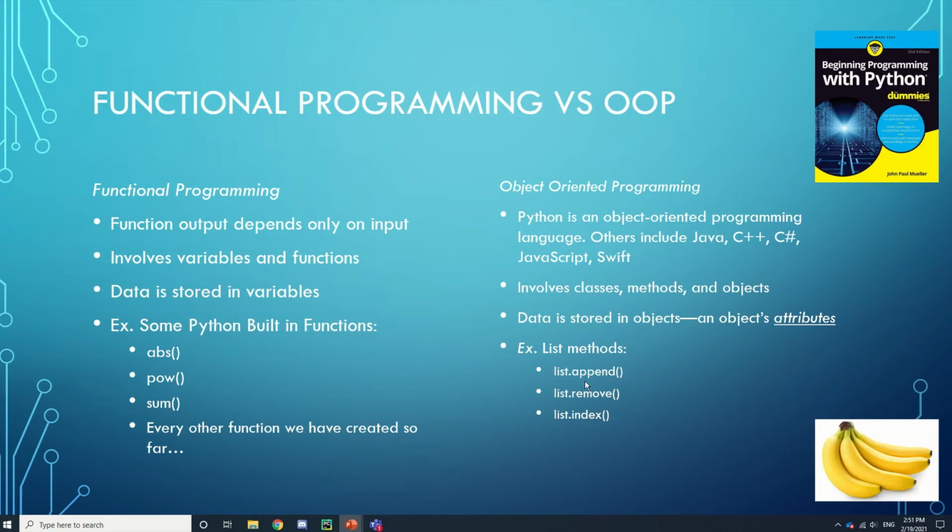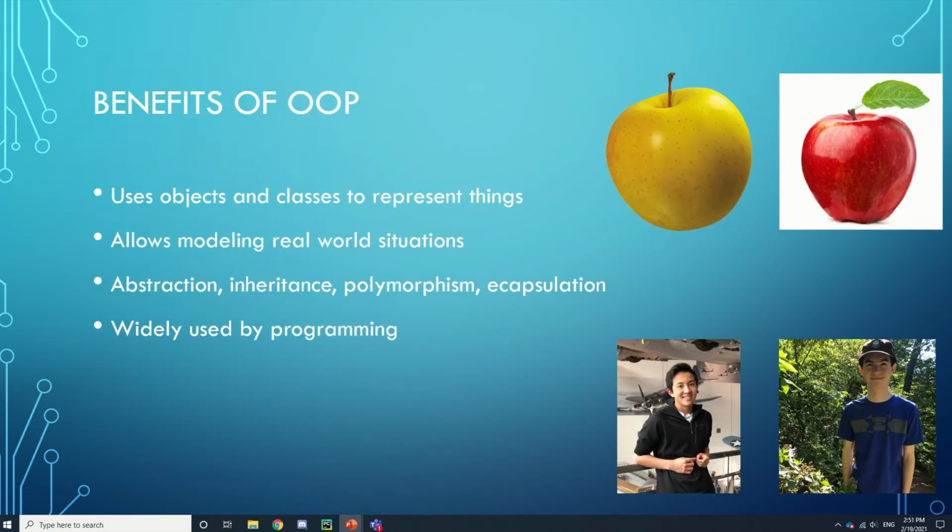You don't know exactly what's happening at the binary level, or even a step above binary, for append, remove, and index. But you don't need to know to use a list properly or to use these built-in functions, right? Because it doesn't matter. You want to achieve a certain task, and it lets you do it. You don't need to know what's happening on the binary level. So that would be an abstraction.